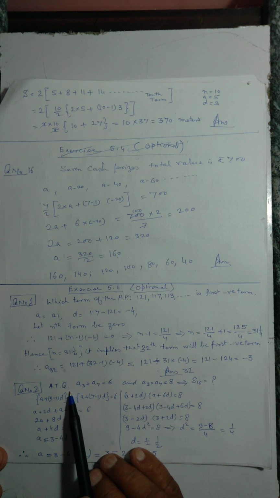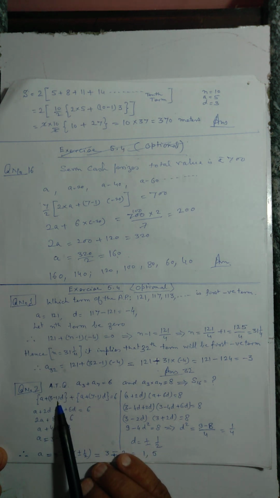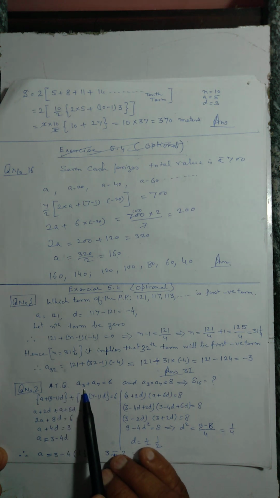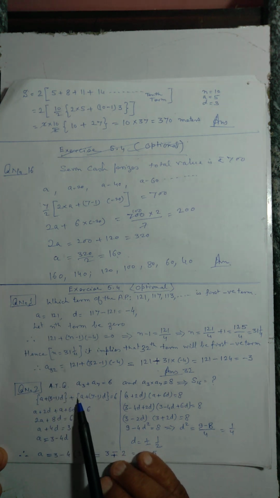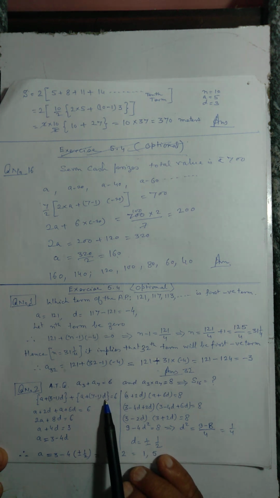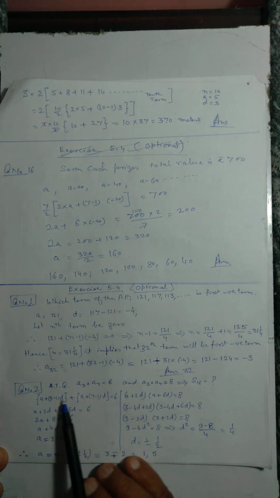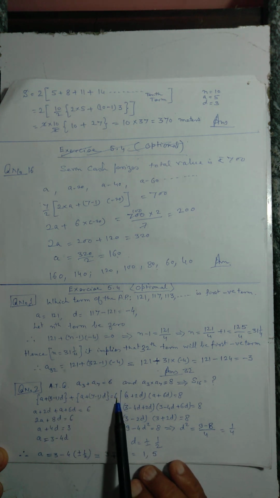So here, A plus 3 minus 1 into D, that is A3, plus A plus 7 minus 1 into D, that will be the seventh term. The sum of these two terms should be equal to 6.